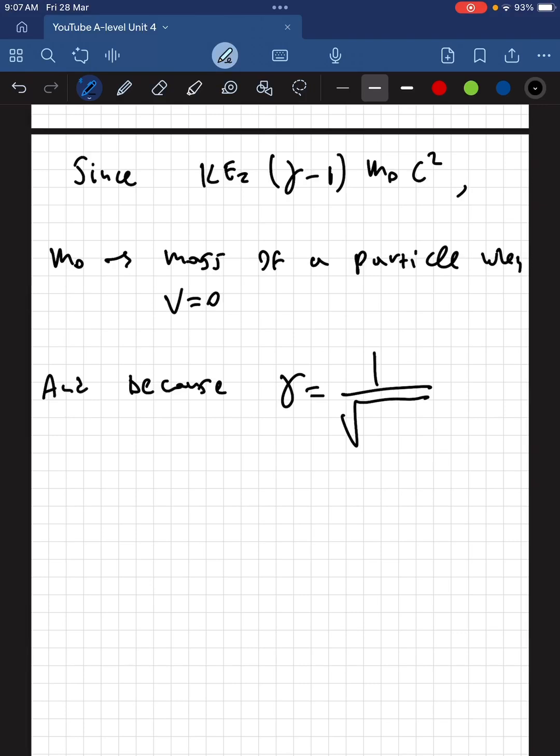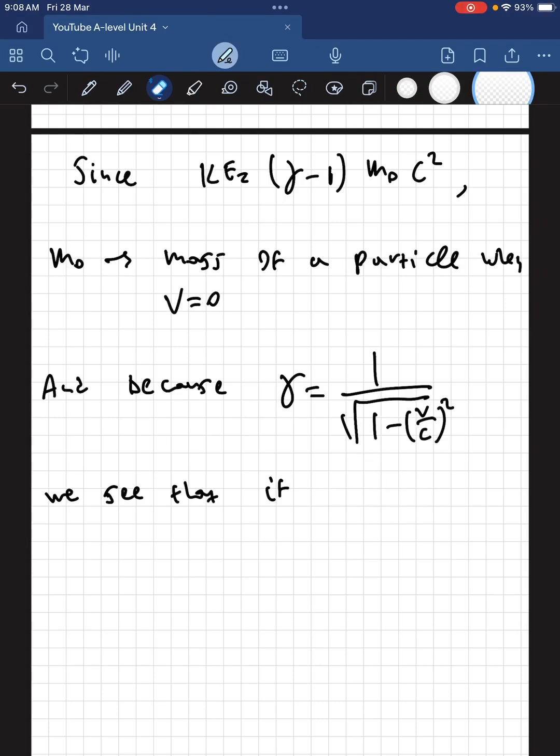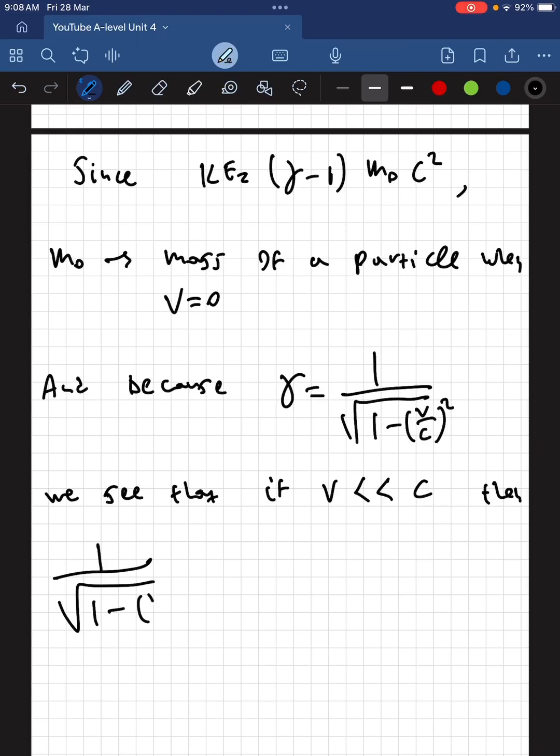Since gamma is given by 1 over the square root of 1 minus (v over c) squared, if v is much smaller than c, then 1 over the square root of 1 minus (v over c) squared is approximately equal to 1 plus (v over c) squared over 2.